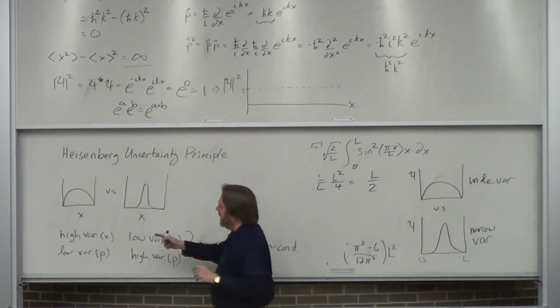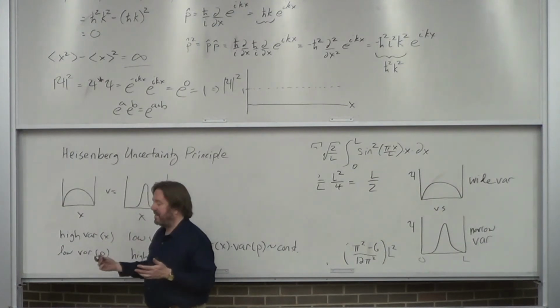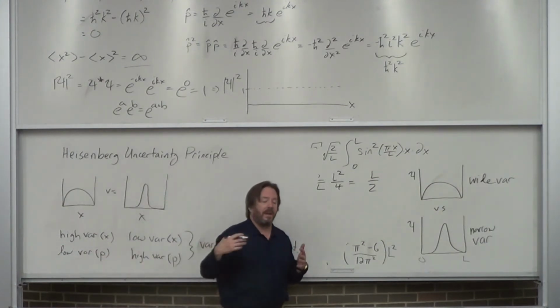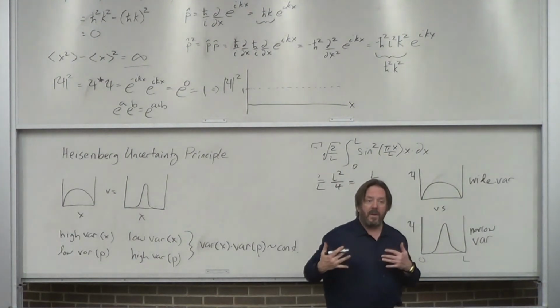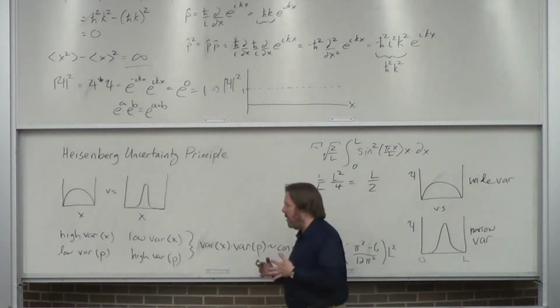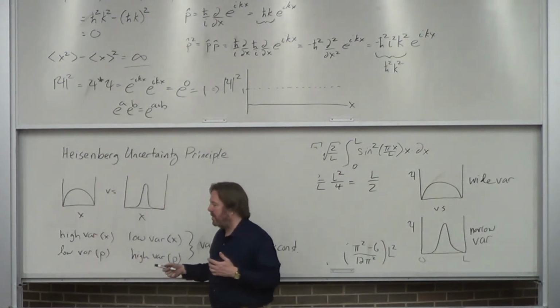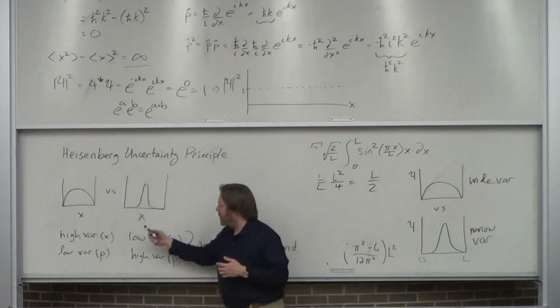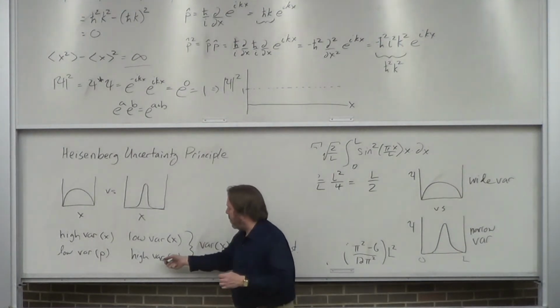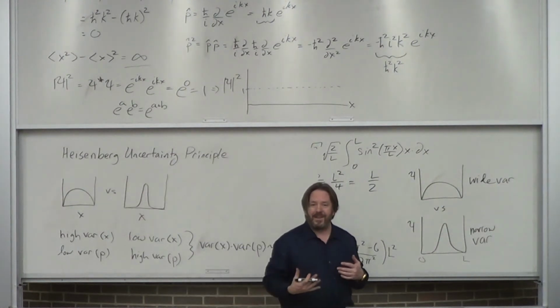Now, if you don't know where it is, you actually know how fast it's going, for all the reasons I just said. Think of the extreme, a low variance in momentum, like the free wave: you know exactly how fast it's going. So low variance means you know how fast it's going, but that means you don't know the position. Here, you know the position, but as you do your homework, you're going to find that it has a high variance in momentum, meaning you don't know how fast it's going.